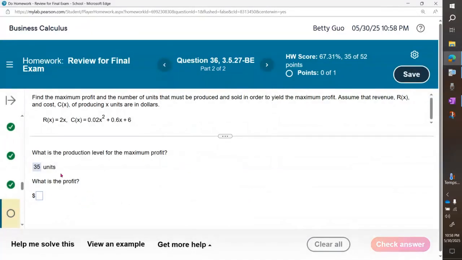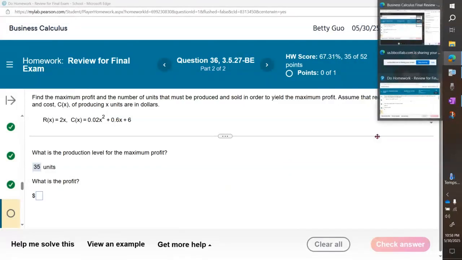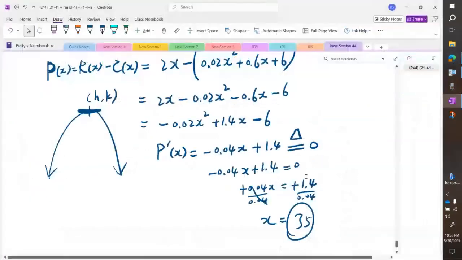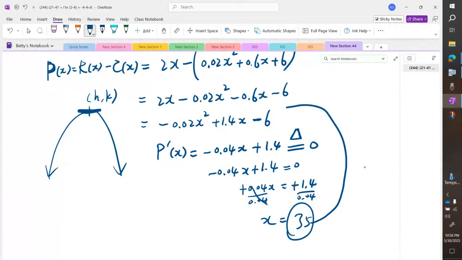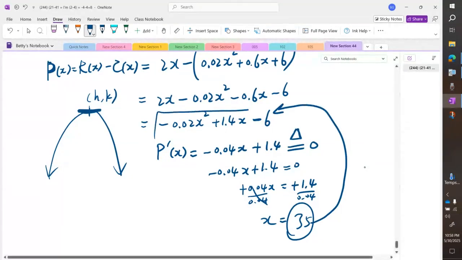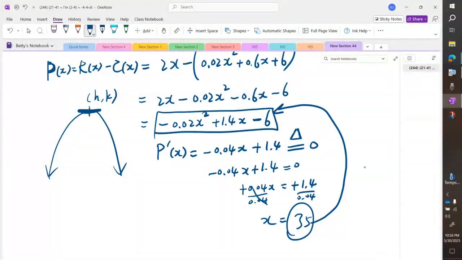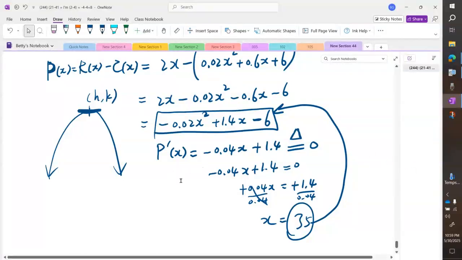What is the profit when you produce 35 units? We go back to the profit function and plug in 35 there. I'm going to use a TI calculator, which makes it a little bit easier.